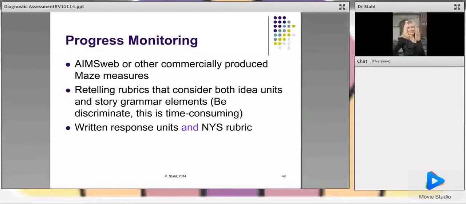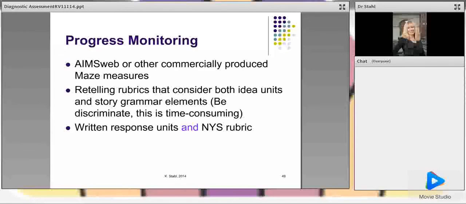Now, for progress monitoring, I know that webinar number 3 addressed this more thoroughly. You will be using your AIMSweb or some other commercially produced maze measure, or perhaps the ORF as well, and using retelling rubrics. Also, in our reading clinic we do use retelling rubrics that consider both idea units and story grammar elements with fidelity.